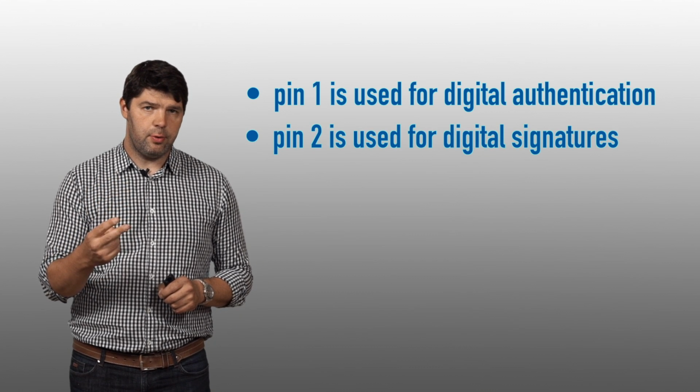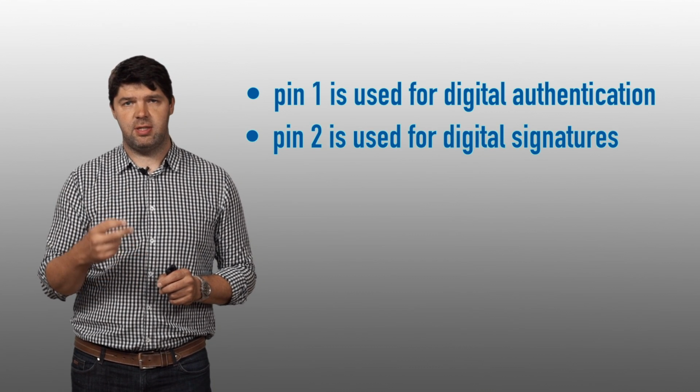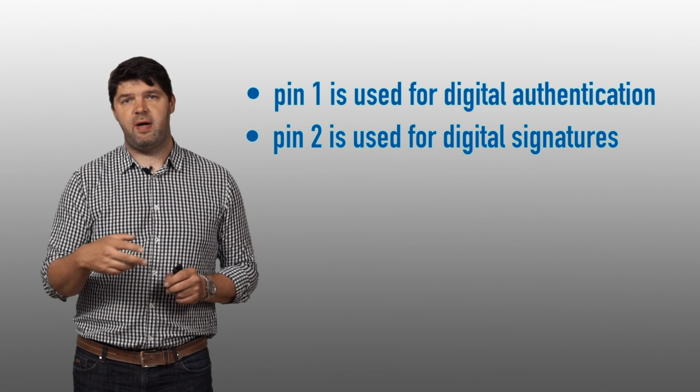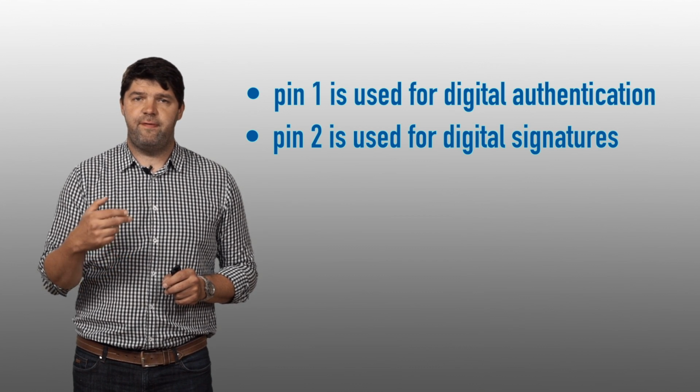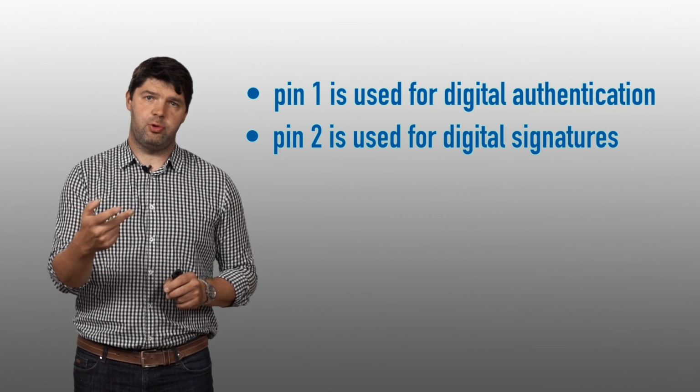And PIN 2 is associated with digital signatures, and it is used by various apps to confirm the transaction that I'm trying to make, or for digitally signing a particular contract or whatever paper you are interested in.